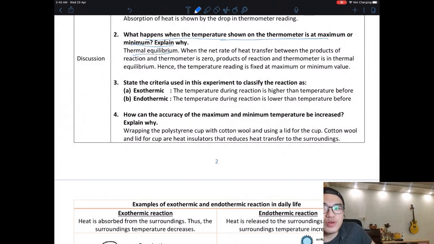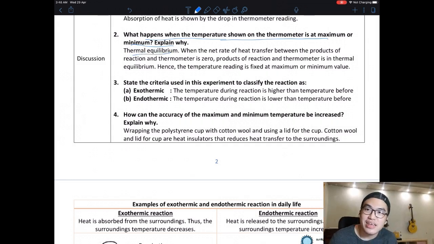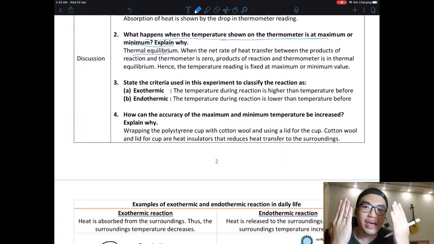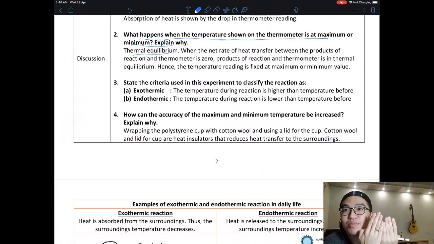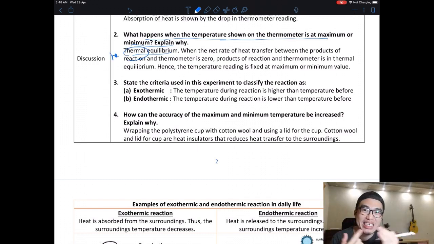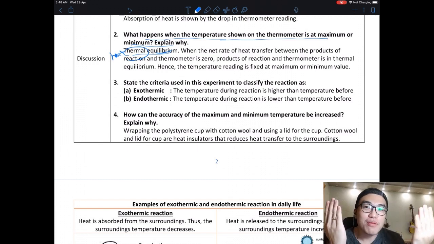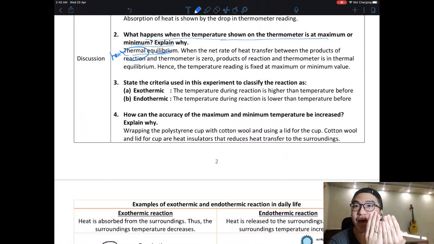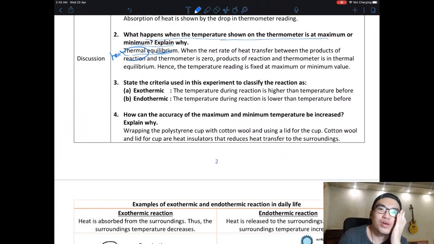What is thermal equilibrium? Thermal equilibrium means, when I have object A and object B in thermal equilibrium, thermal means heat, equilibrium means equal. When A and B are in thermal equilibrium, they have the same temperature. I'm sure you have tried this before. You stick your face onto a metal surface.